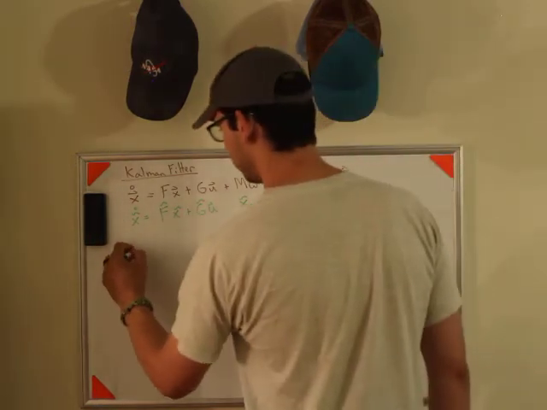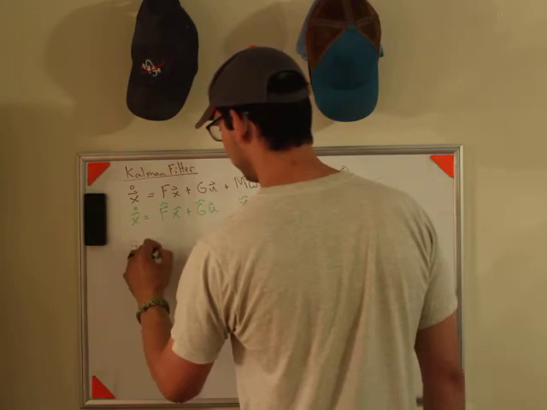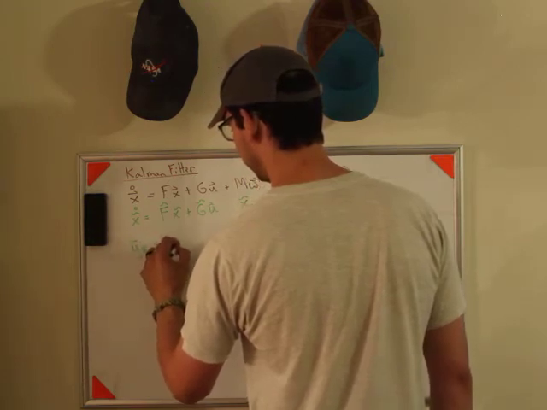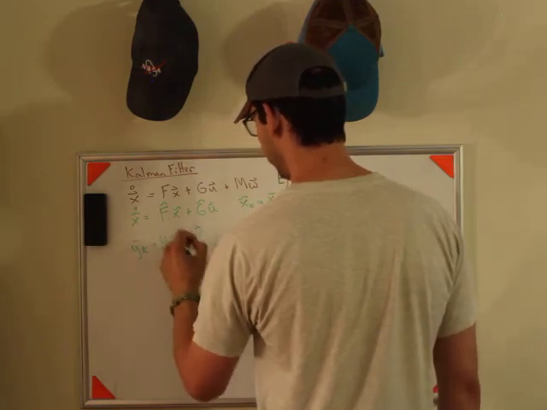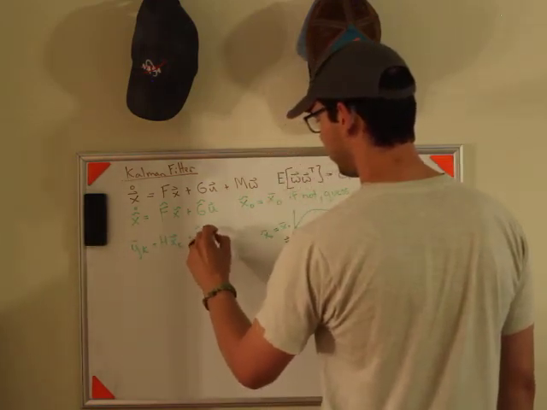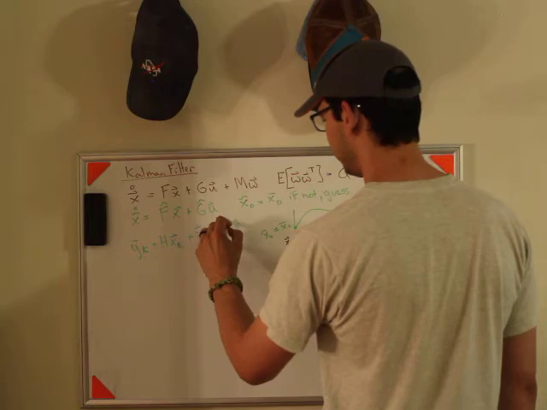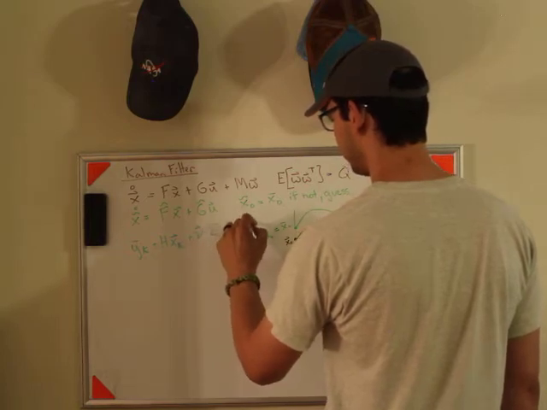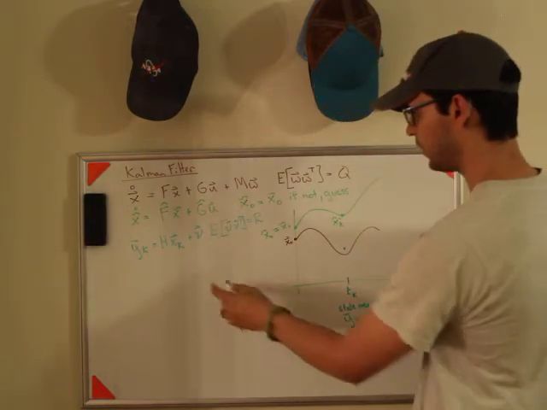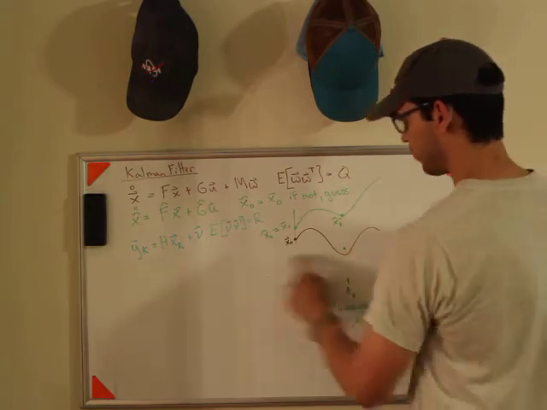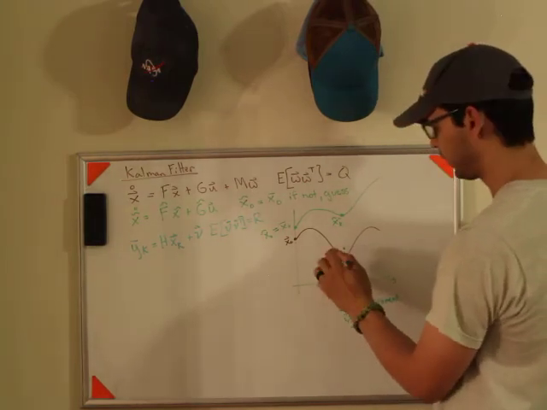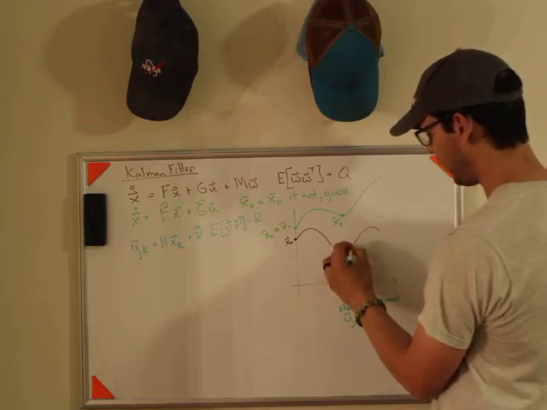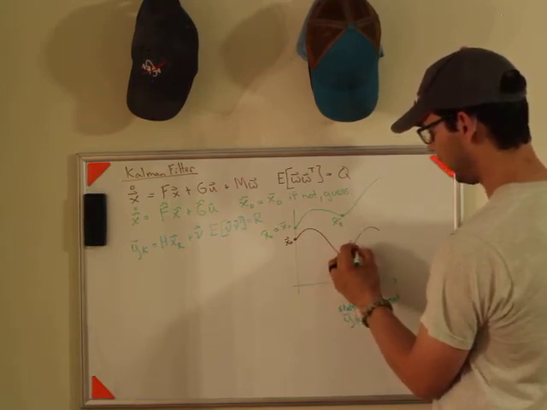So I'm going to assume y bar k is H x k plus some noise, and remember, the expectation of my noise vector is R. So the measurement that I get is my actual state plus a little bit of noise. And this is going to be my x bar k.